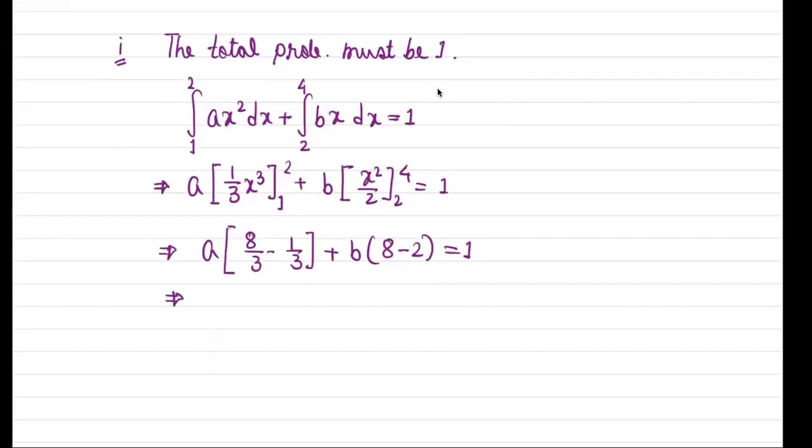Now, if I use the calculator, I think you will get 7 by 3 a plus 6b is equal to 1. If I multiply the whole equation by 3, I get 7a plus 18b is equal to 3.